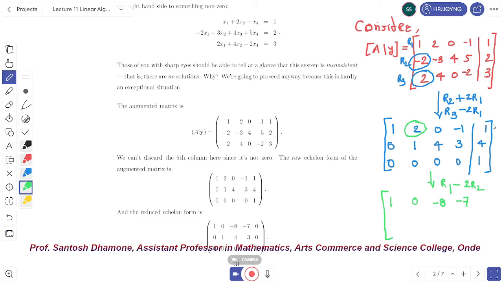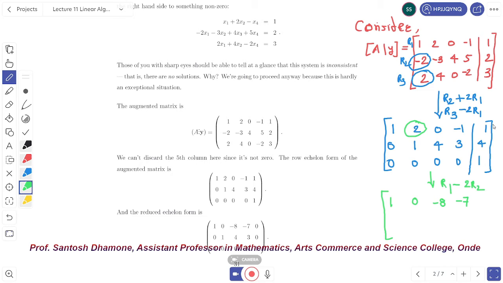This is the row echelon form of one matrix. We can discard the fifth column here since it's not 0. The row echelon form of the augmented matrix is this matrix here. This is row echelon form.